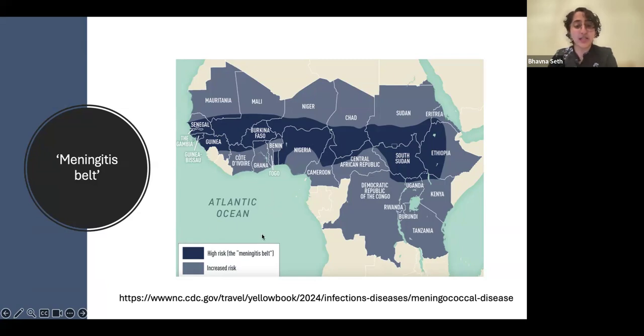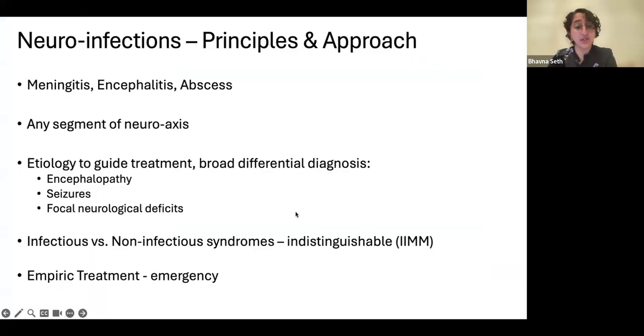And most commonly, this is Neisseria meningitidis. And there's a lot of uncertainty of why this sort of prevalence is seen. There's some hypothesis of the dry winds and climate in addition to the population. So this is an interesting element in terms of the prevalence, but also helpful in terms of your empiric treatment.